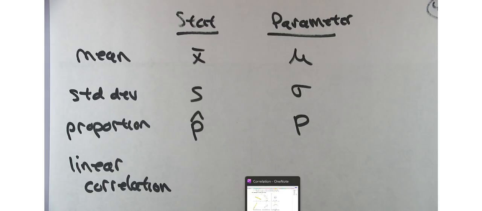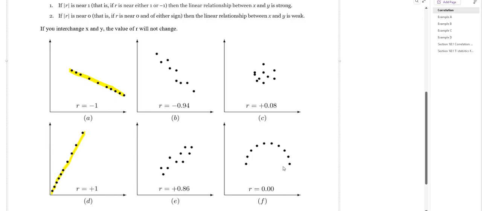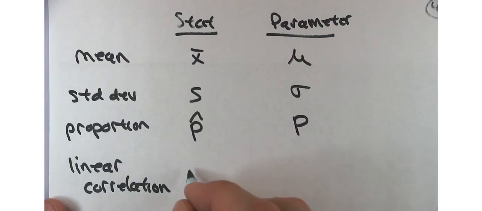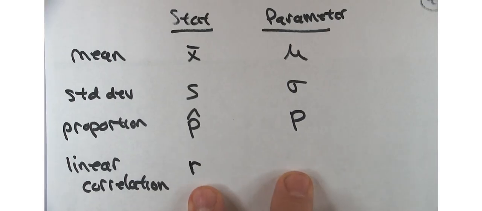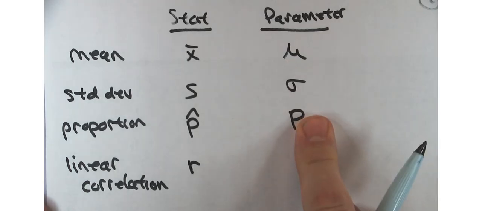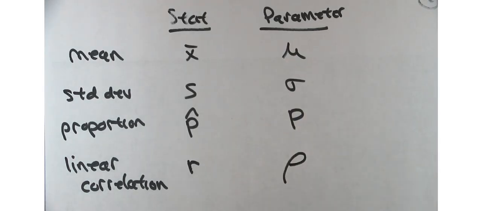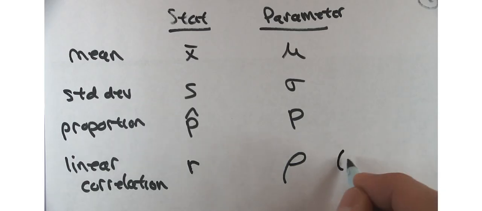So you may remember earlier in this course we talked about linear correlation coefficients. That was denoted by R. So your sample statistic is an R, and it has an associated population parameter, which continues the trend of, now not quite the P, it's rho.